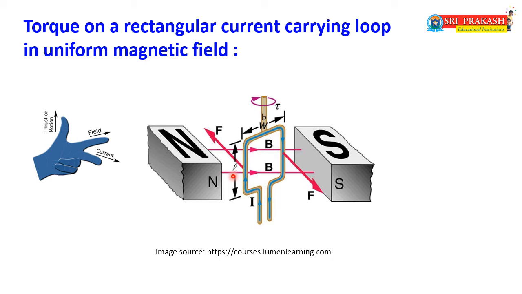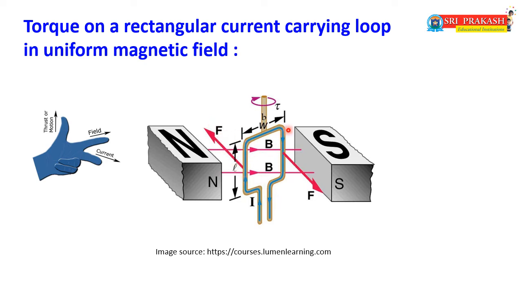Your left hand forefinger has to show the direction from north to south and the middle finger of your left hand should indicate upward direction. Then the thumb of your left hand will indicate inward to the display. So the force on this current carrying element will be inward.